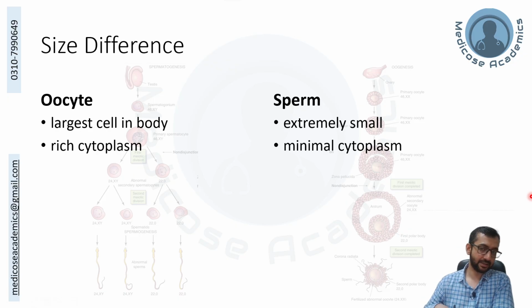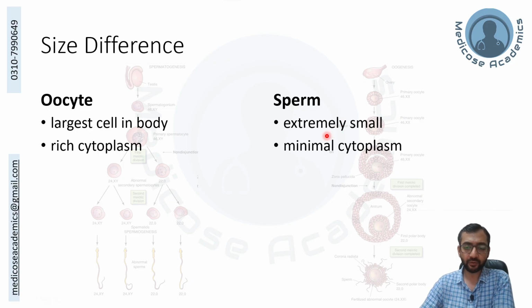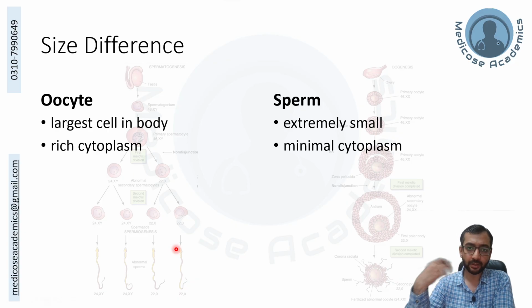The oocyte is as large as the largest living cell in the body, while the sperm has very sparse cytoplasm. Mostly the head contains the nucleus covered with the acrosomal cap, then the neck, and beyond that there is a tail with middle, principal and end pieces, with some mitochondria and the axoneme for beating.